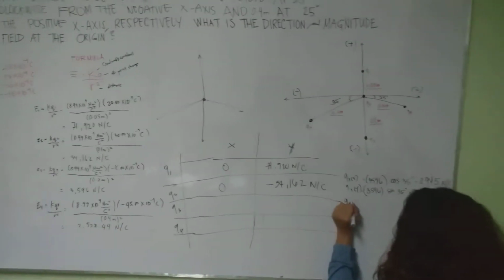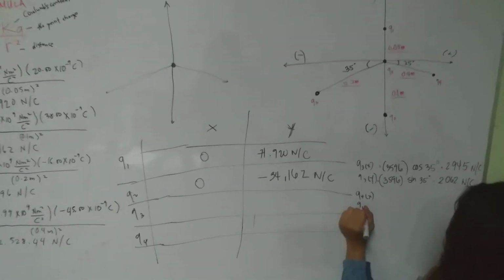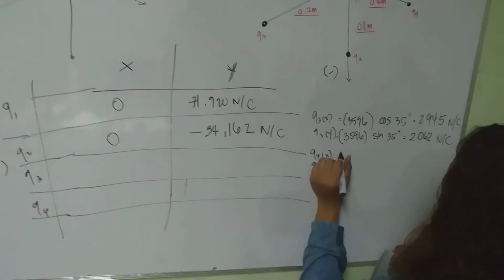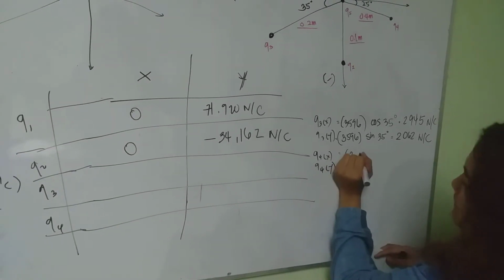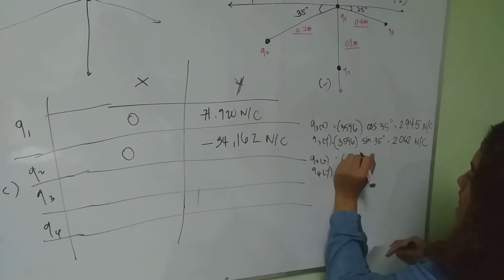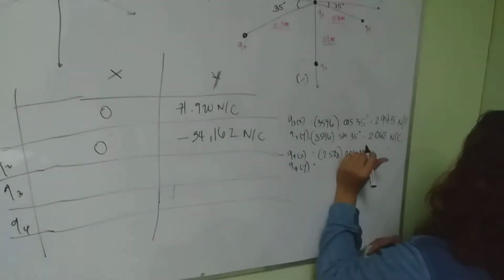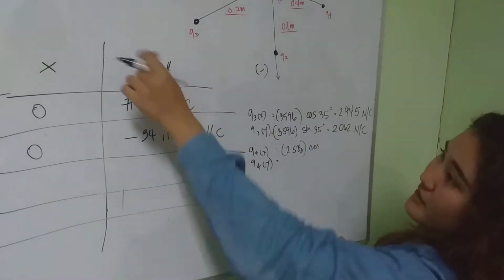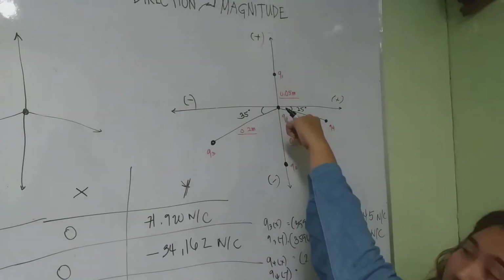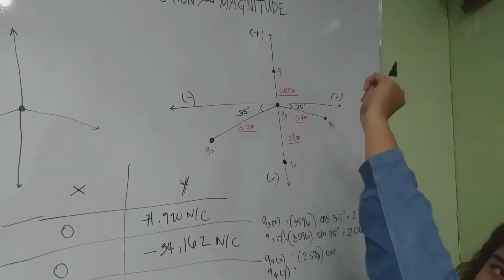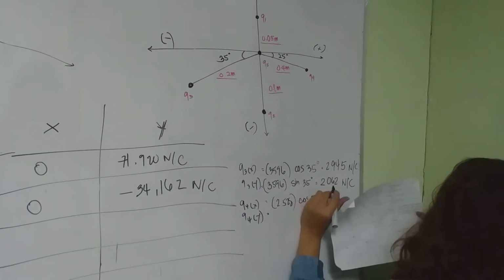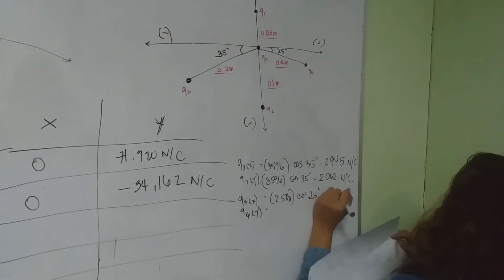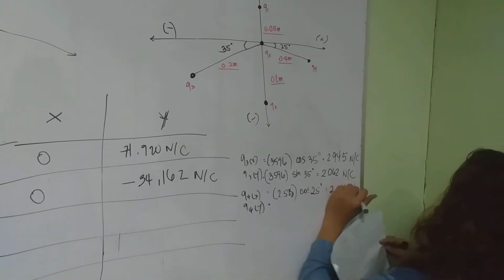Now, we have to get the x component and y component for the fourth point as well. So for Q4, we have 2,528 cosine 25 for the x, because it has a 25 degree angle from the positive x-axis, which will be 2,291 newtons per coulomb.